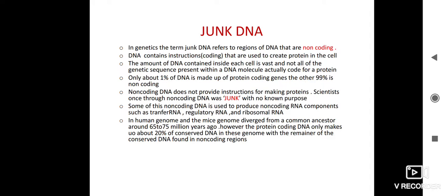Some of this non-coding DNA is used to produce non-coding RNA components such as transfer RNA, regulatory RNA and ribosomal RNA. The human genome and the mouse genome diverged from a common ancestor around 65 to 75 million years ago.